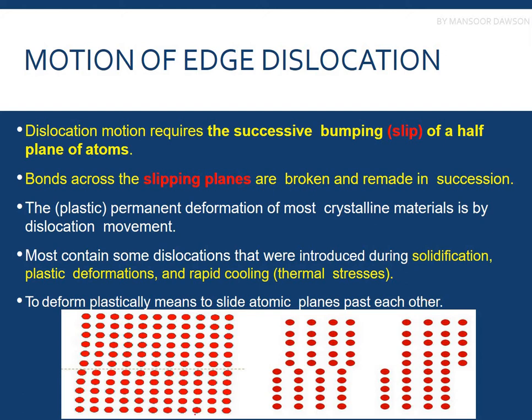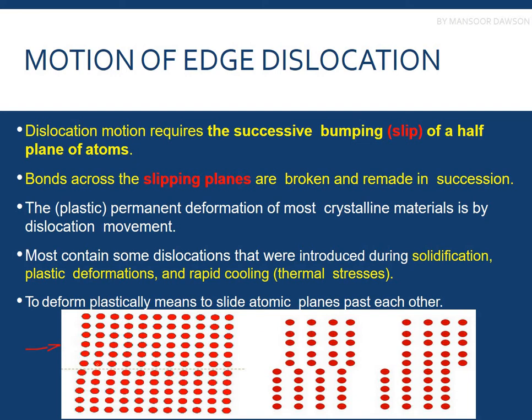So basically, here is a material. You can see that these are the atoms arranged in a particular form. Here is the line, and the stress is being applied in this direction. So you can see that these atomic lines are moving.